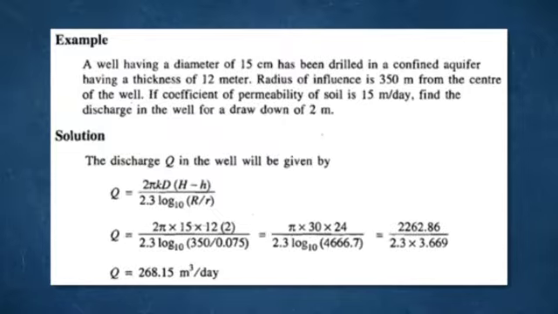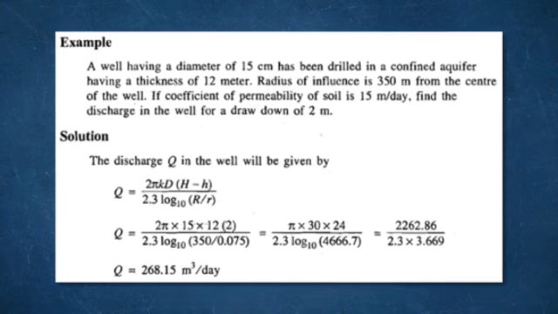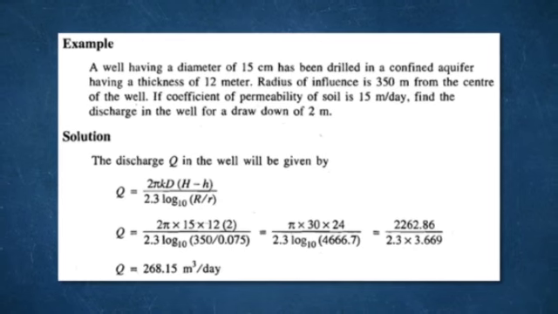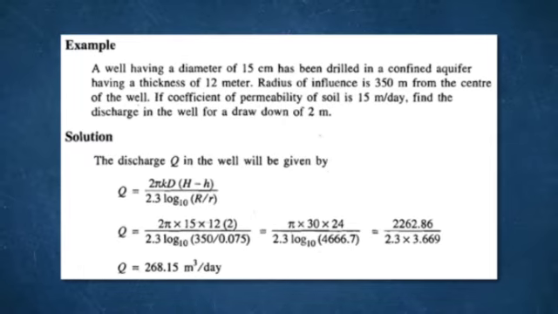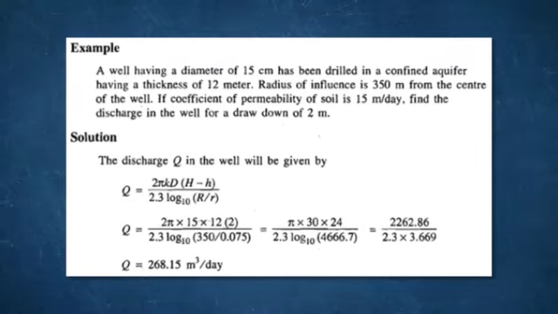So put all the values here. Q = 2π × 15 (the coefficient of permeability is given as 15 meter per day) × 12 (the thickness is given as 12 meter), and then the drawdown value H − h is equal to 2, divided by 2.3 log10 of 350, the radius of influence, divided by small r in meter.